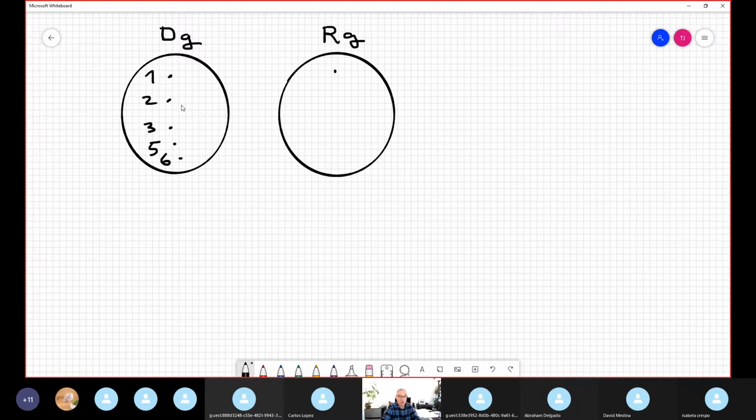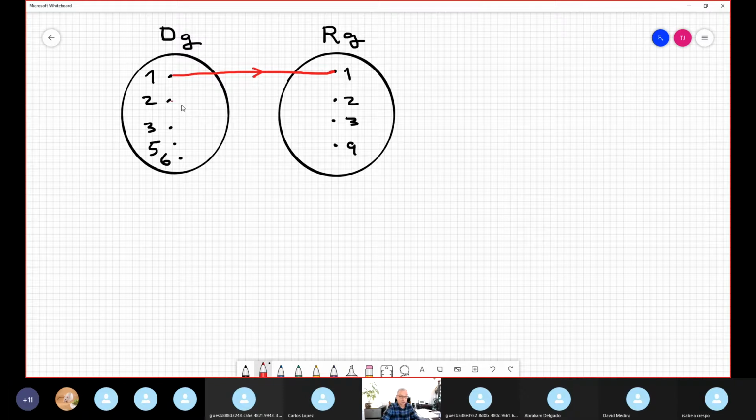They are associated somehow with the 4 points there, which are 1, 2, 3, and 9. So the association is this. 1 is associated with 1. The arrow indicates the direction, no? Because this is the domain. The association is always from domain to range.